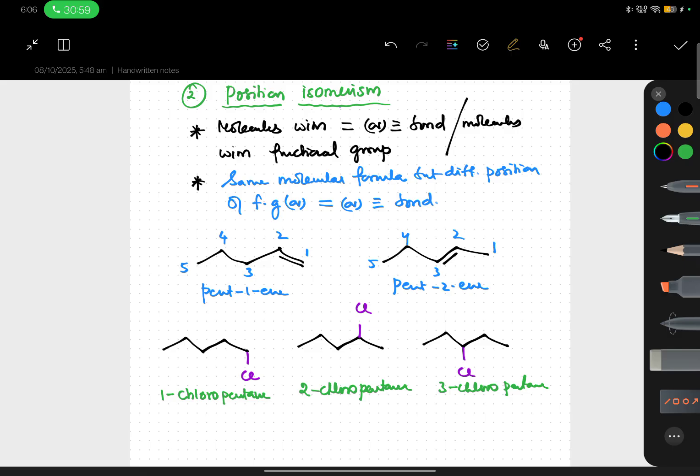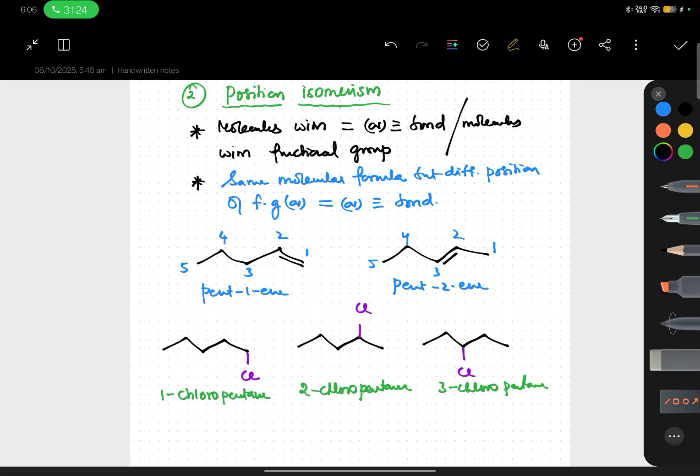Another mistake in your textbook, please make a note. They have given examples of ketones in position isomerism. Position isomerism, ketone doesn't come there. Position isomerism is only for functional groups like chloro, bromo, not for the C double bond O group within the chain.